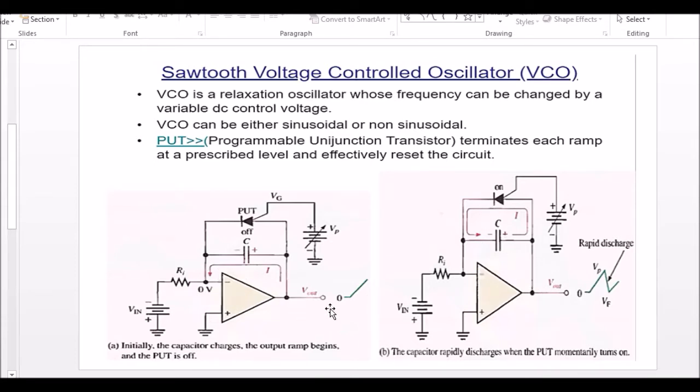The current is flowing through this path, and the diode is in off state, right? And your waveform would be somewhat like this, right? Until your output voltage reaches a point where your diode is triggered on, meaning your output voltage is up to 0.7, right?